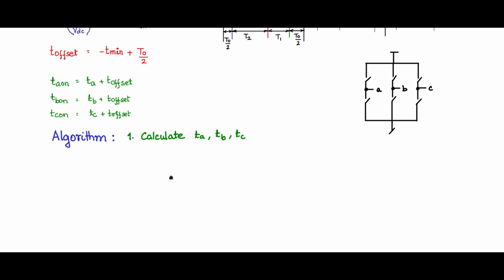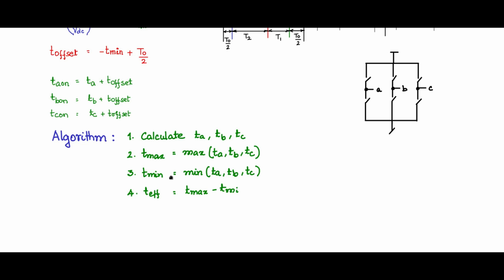Calculate TA, TB, TC according to the equation that we just discussed. Then next, calculate T max, which will be max of TA, TB, TC, and then calculate T min, which will be min of TA, TB, TC. And fourth point will be calculate T effective, which is T max minus T min.